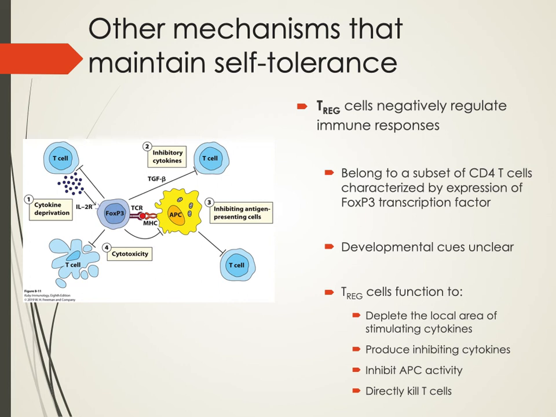And they can also directly kill T cells. So if these other methods aren't working, if you have a T cell that is overreacting, that T regulatory cell can induce the cell to go into death. And one of the markers that's used to look at a T regulatory cell is FOXP3 expression.